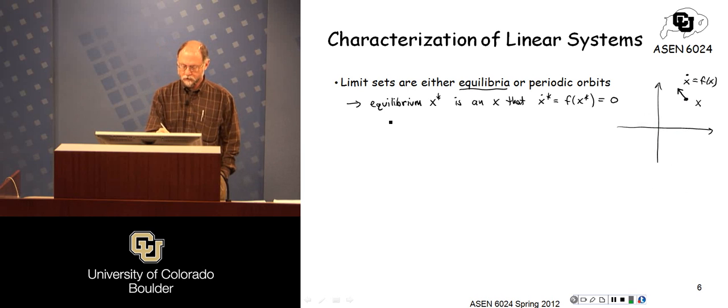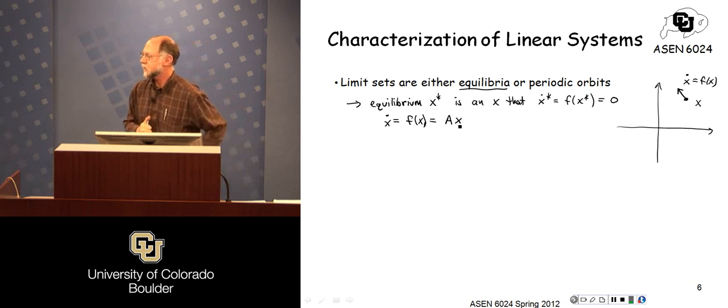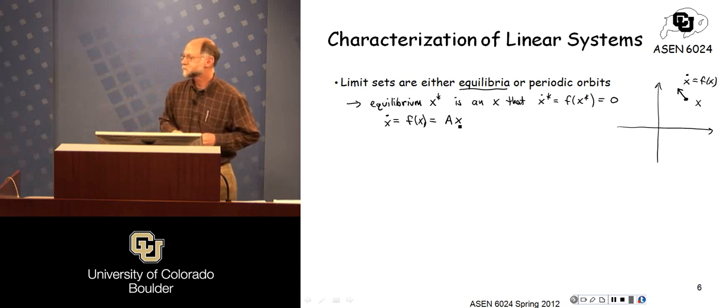Okay? Suppose then that x dot is f of x, which is linear. So we know that's going to look like this. What kinds of equilibria can linear systems have? What's the obvious equilibrium for this system? 0.